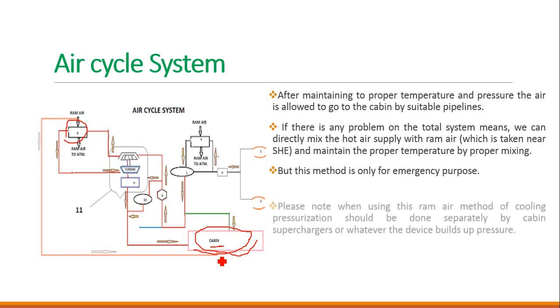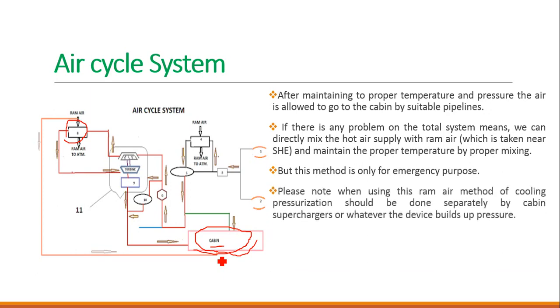But this is only for emergency purposes. This ram air method of cooling pressurization should be done separately by cabin superchargers or whatever device is built for pressure. So this is the overall process of this air cycle system.